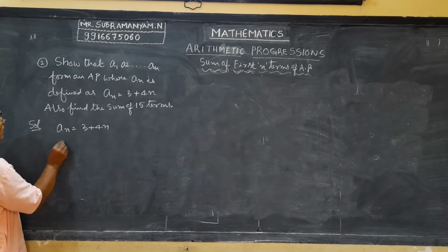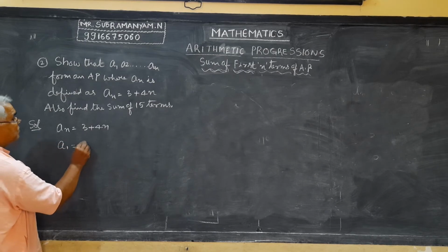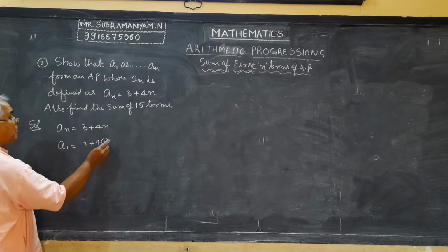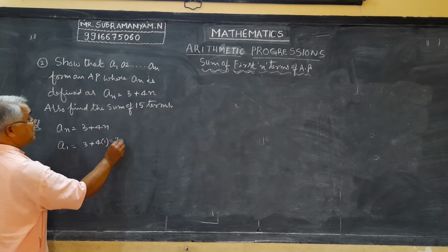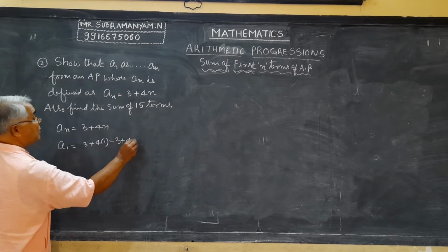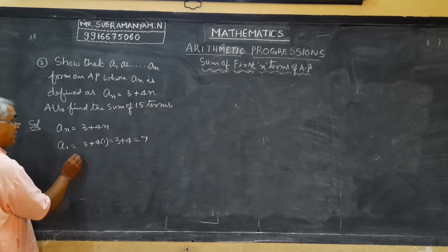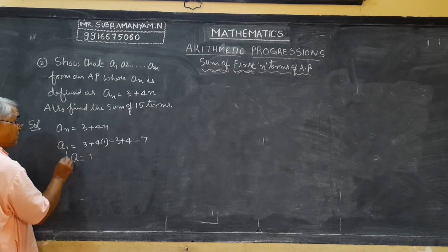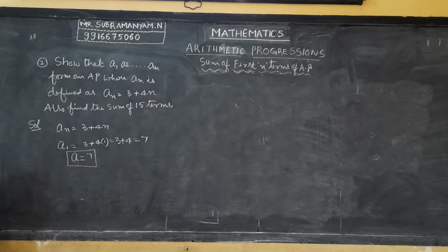Next, A1 means first number: 3 plus 4 into 1, that is 3 plus 4 equal to 7. That means first number, what we call A, is 7. So we got the value A.